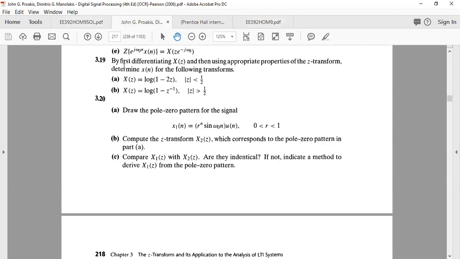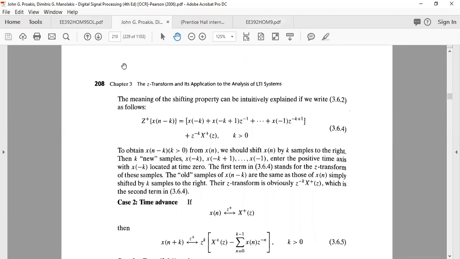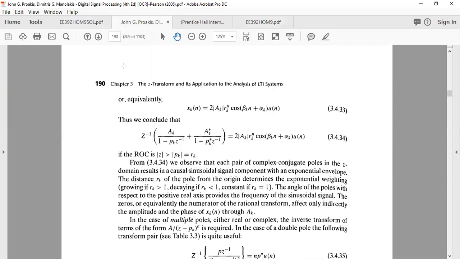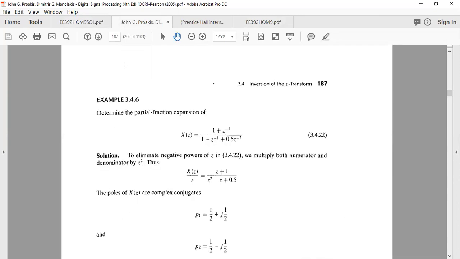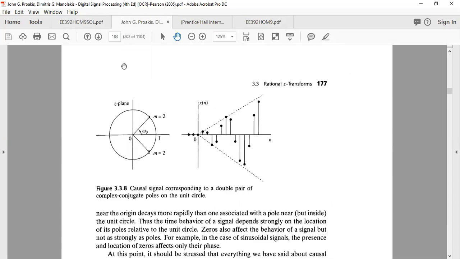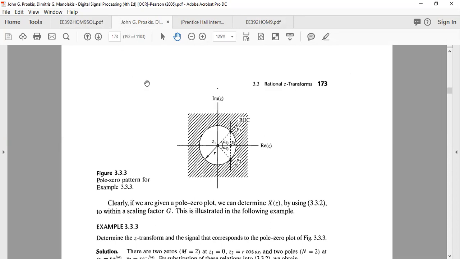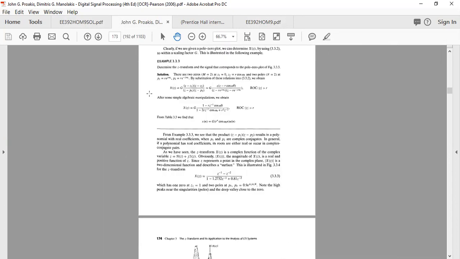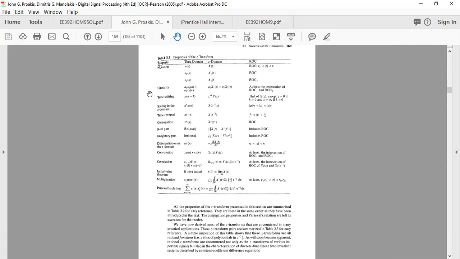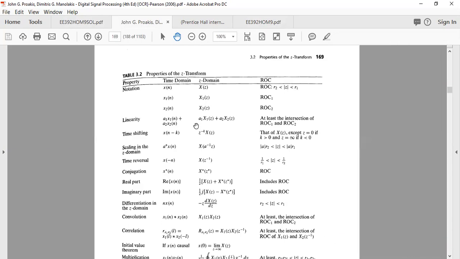So we need to basically prove those properties in table 3.2. Okay, these properties are given over here.